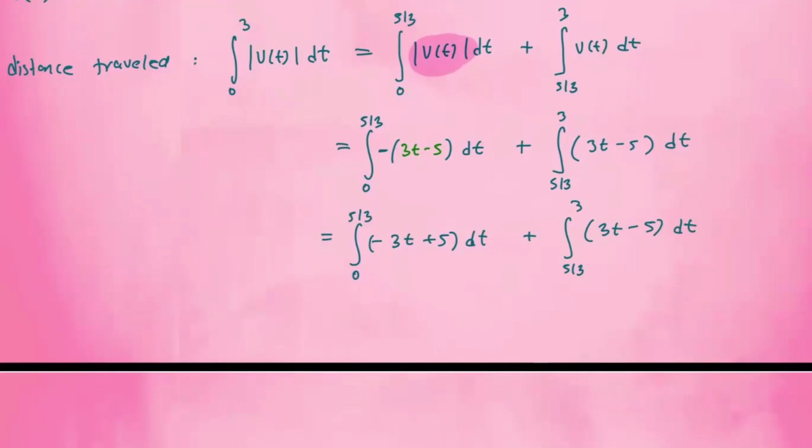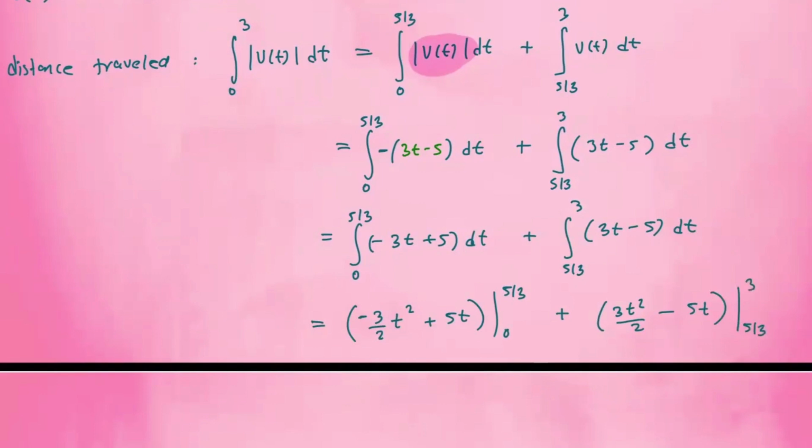So let's integrate. So we know the integral of negative 3t plus 5 is negative 3 over 2 t squared plus 5t. This will be evaluated from 0 to 5 over 3. The second one, again, same antiderivative. This is 3t squared over 2 minus 5t, evaluated from 5 over 3 to 3.